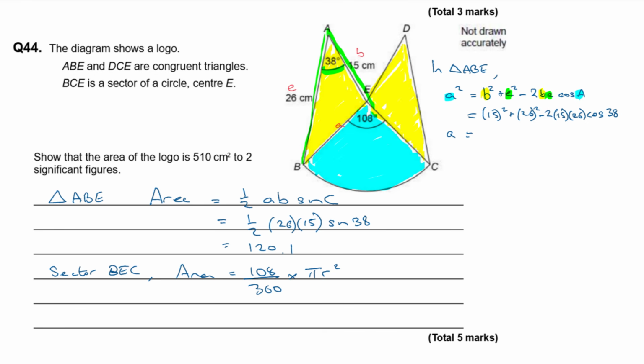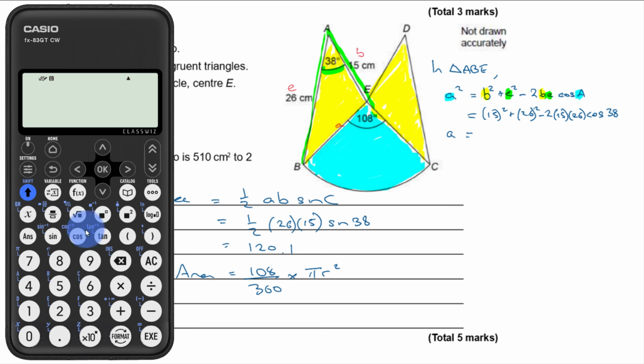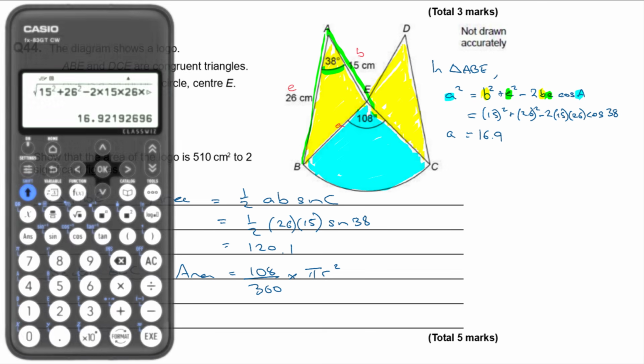So root, then 15 squared plus 26 squared minus 2 times 15 times 26 times the cos of 38. Close bracket. Boom, what's that then? That's 16.9 to one decimal place. So a is 16.9, and that's going to be my radius, isn't it?